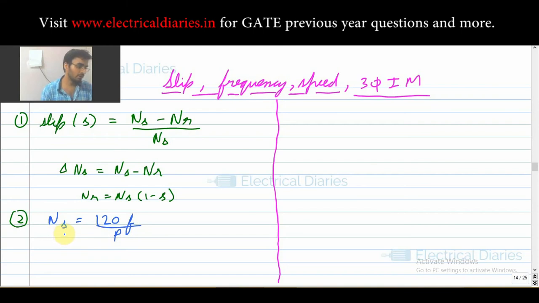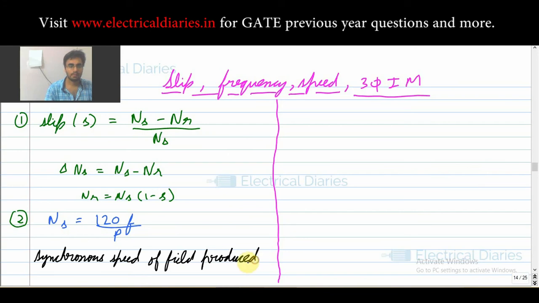Now what is the meaning of this ns? Let me write down the statement: the synchronous speed of the field produced by any winding is, by default, with respect to the structure on which that winding is placed.